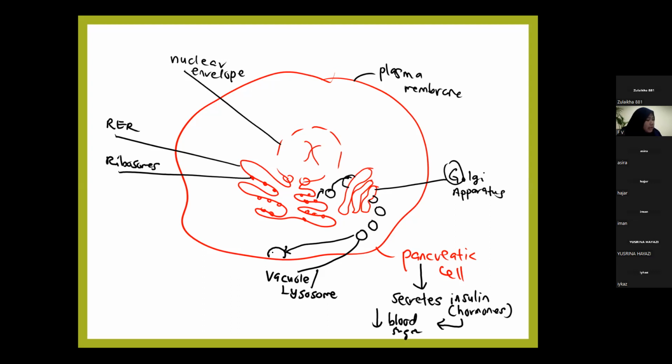Dia akan bergabung dengan plasma membrane and secrete the product, for example, insulin. So this is how the structures of the endomembrane system are connected, continuously or via vesicle, as they have related functions.